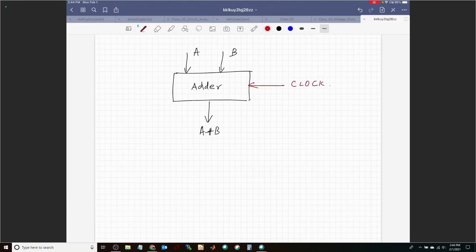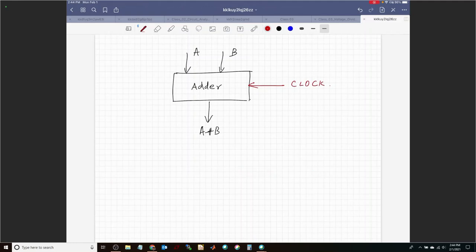We need the clock inside our computer to be that manager of when the tasks are happening and when the results are being stored, when the instructions are being fetched. All those things are happening because of that clock. That is the reason why we need the clock, to manage our time.